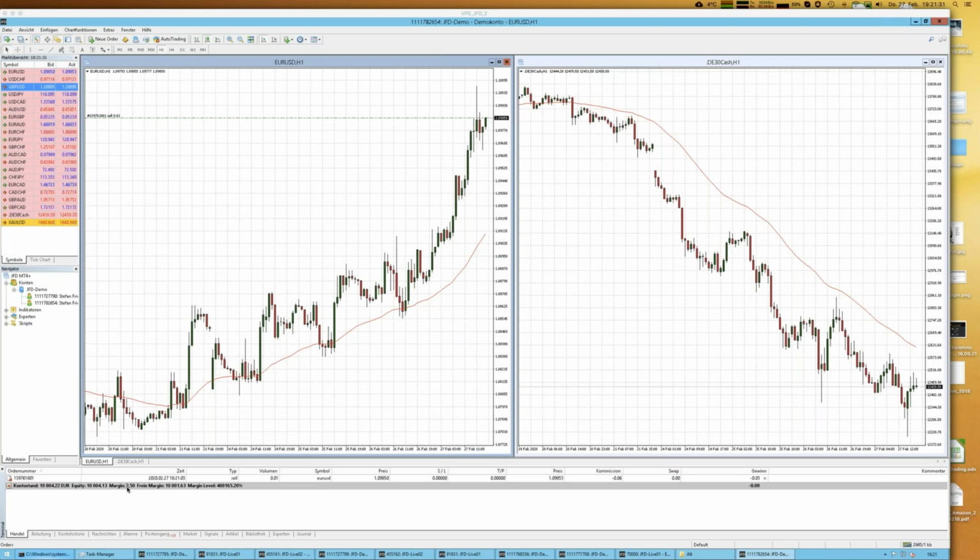Now, it's a good thing. If I would have bought one lot of Forex, Euro US dollar, it would be like you trade 100,000 euros. Wow. And that was with an account of 10k euros. That's cool, and that's exactly the leverage.